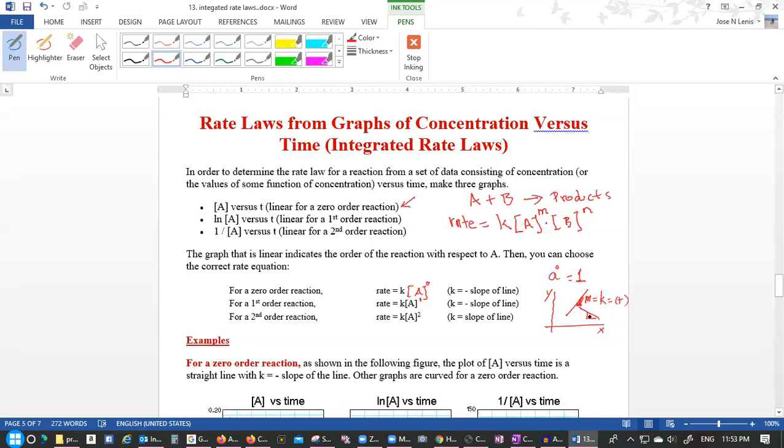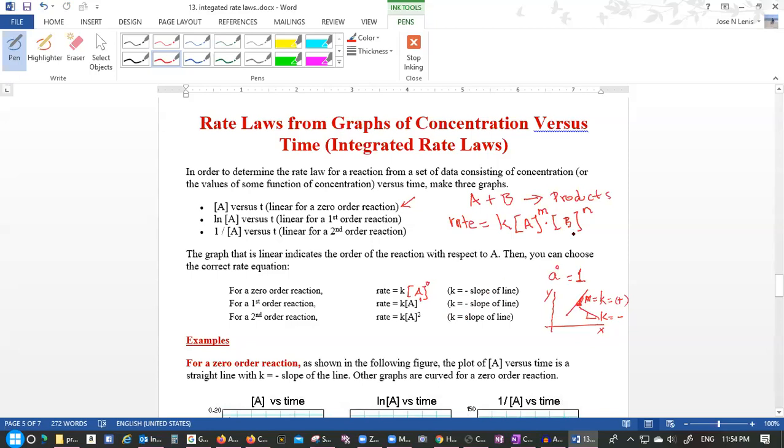For the second case, we call this negative slope, with that tendency there. So for a zero order and first order, the slope of the line is negative. And for the second order, the slope of the line is positive.